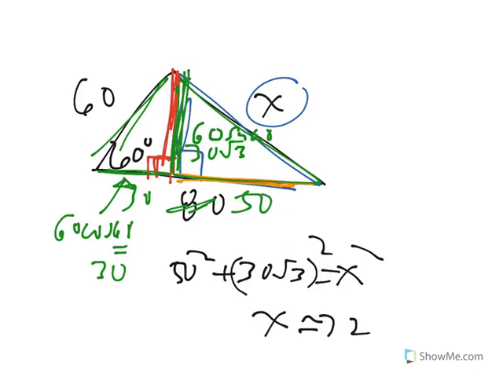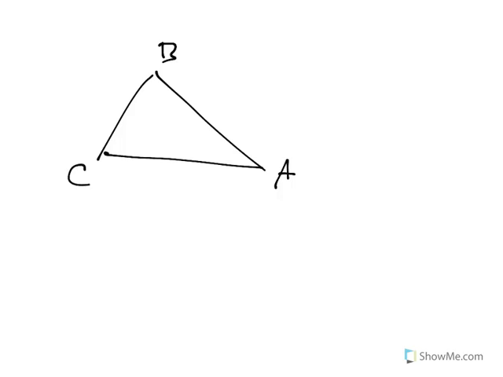But let's see how this could be turned into an actual formula. I'll do the acute case first. This is lowercase a, this is lowercase b, this is lowercase c. And this is the angle, let's say I'm given this angle, let's call it theta there, angle C is angle theta.